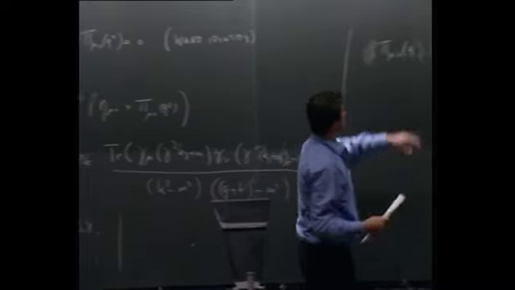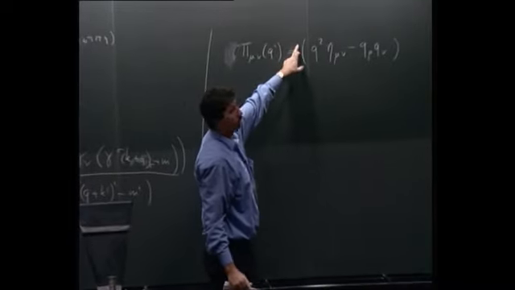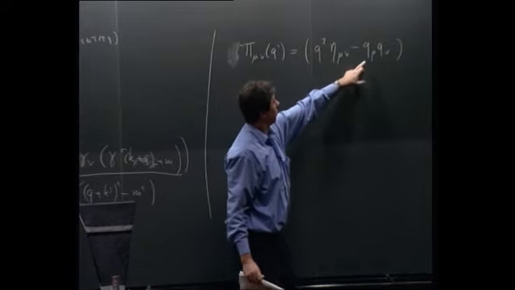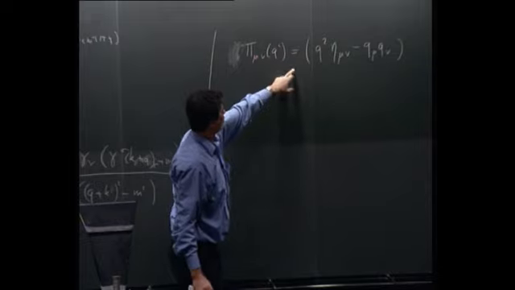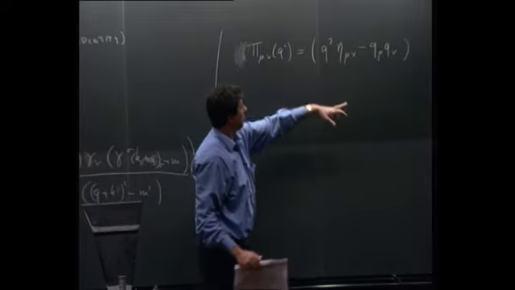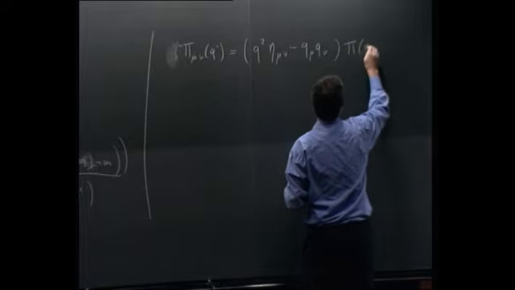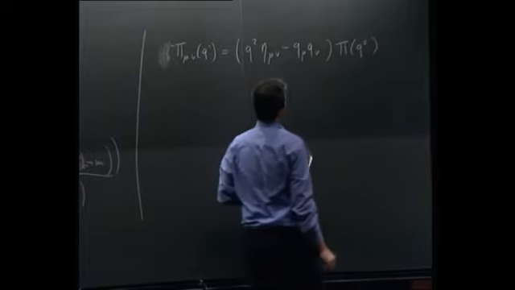If you contract this expression with q mu, it's not so difficult to work out that this indeed will vanish. But then there's some arbitrary function pi, without any indices, which is still a function of q squared.